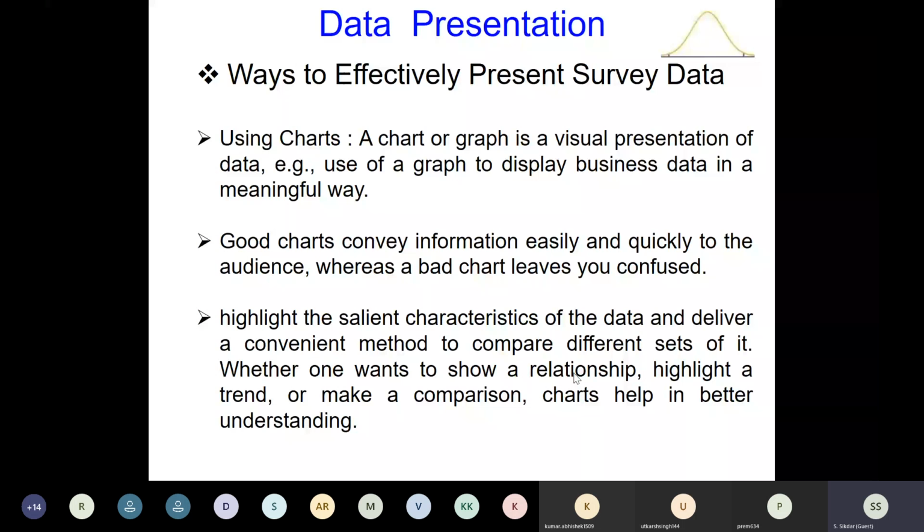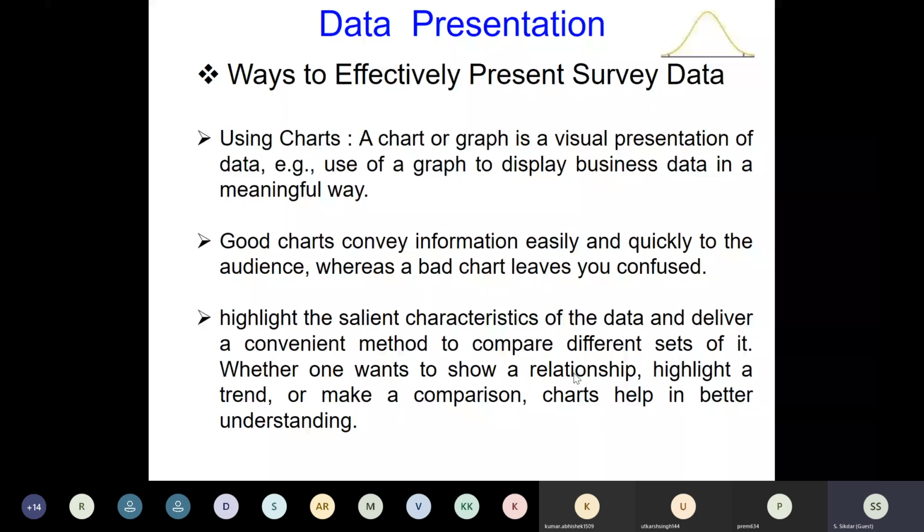Also, if you see some dip somewhere in the curve, just like when I look into the electricity consumption of a plant or in our society, then I can understand that maybe there is some leakage, something happened, that's why there was a peak. The electricity consumption was very high.